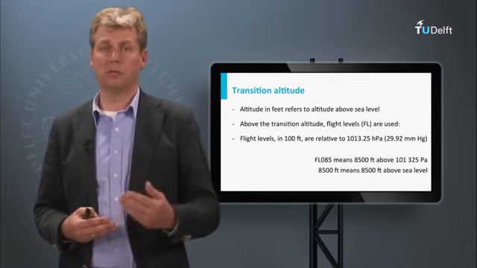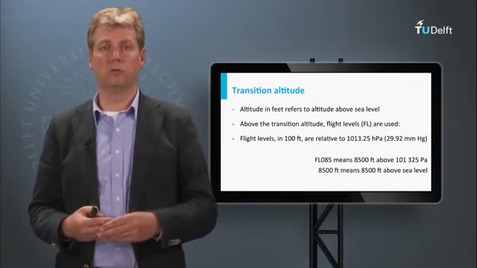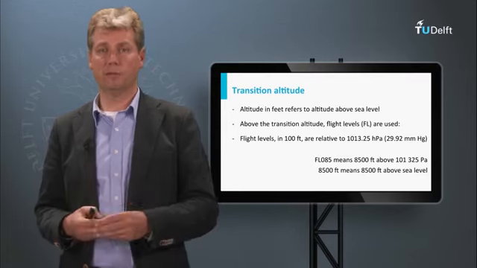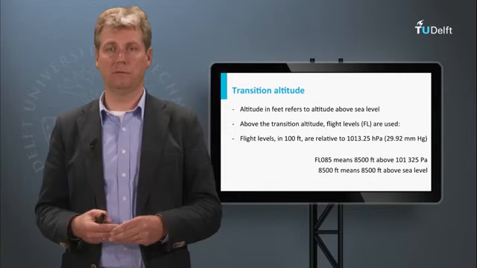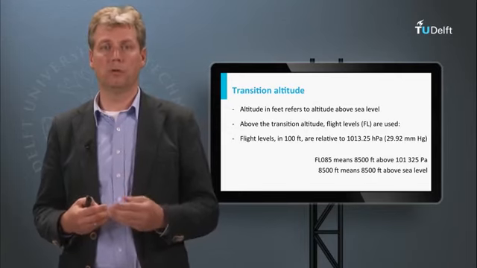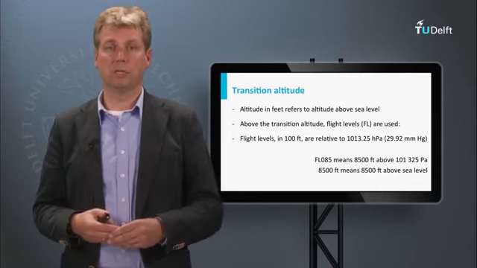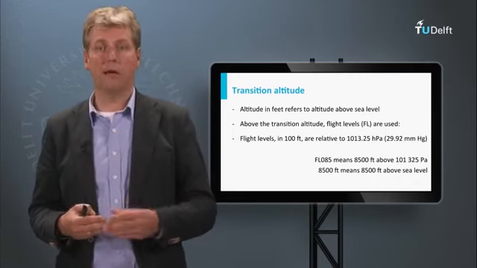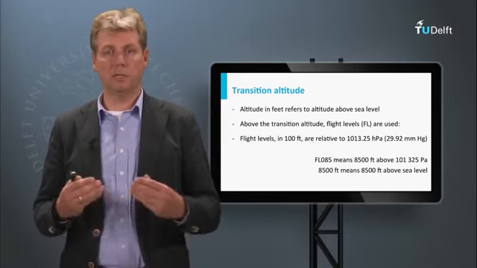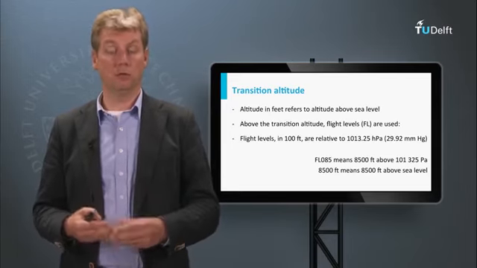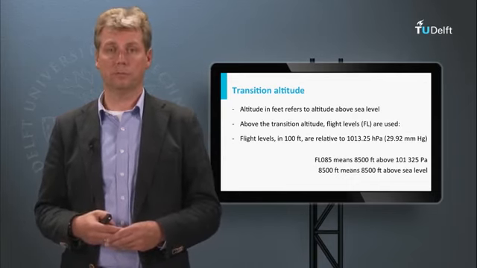So flight level 085 or flight level 85 refers to 8,500 feet above the pressure of sea level in the standard atmosphere, so 1013.25 hectopascal. While if the altitude is expressed in feet, 8,500 feet, this means, as a reference, the sea level pressure of that day, so the weather information is used to calculate this altitude.